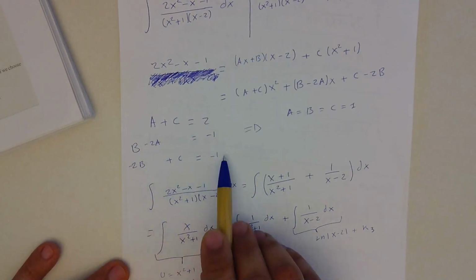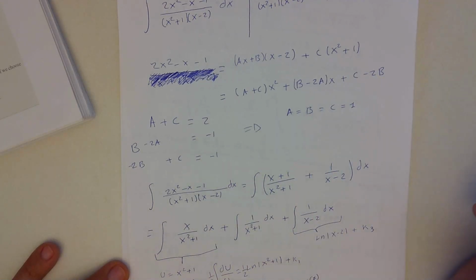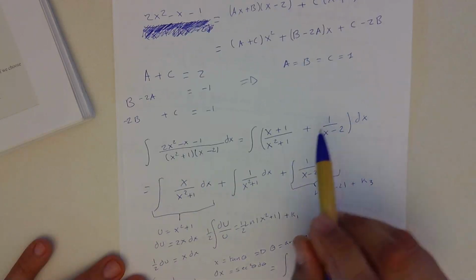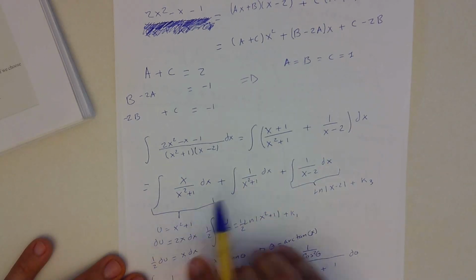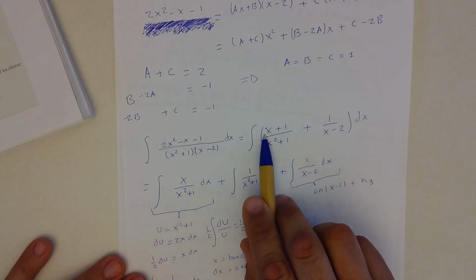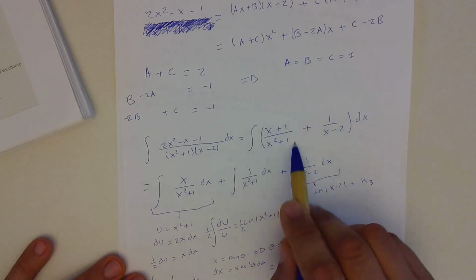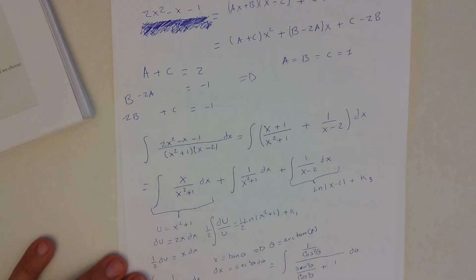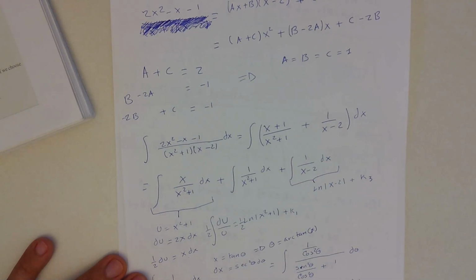If we solve the matrix, we will find that a, b, and c are equal to 1. So then we will rewrite this as here, 1 multiplying x and 1 alone here, that is one term, and the other one is here. So how are we going to resolve this?